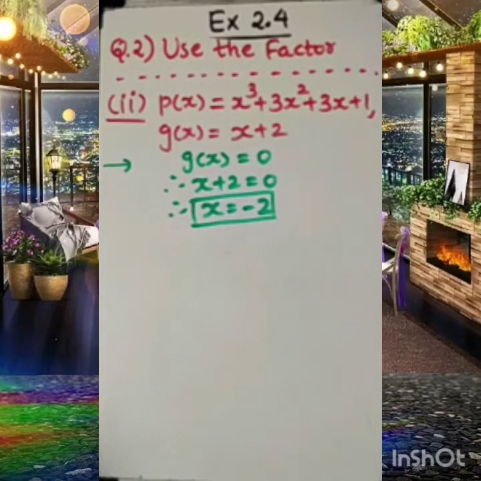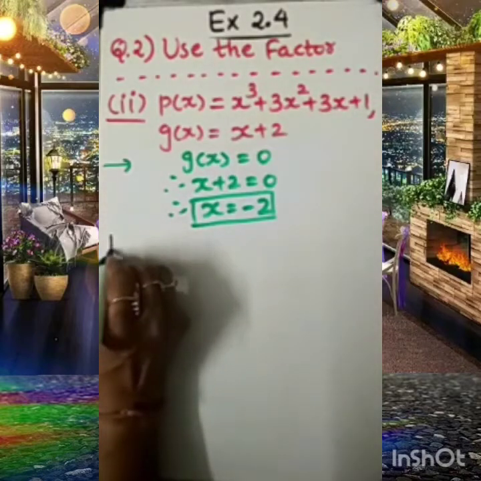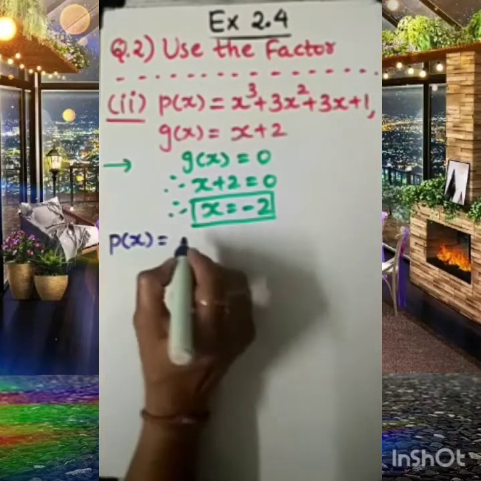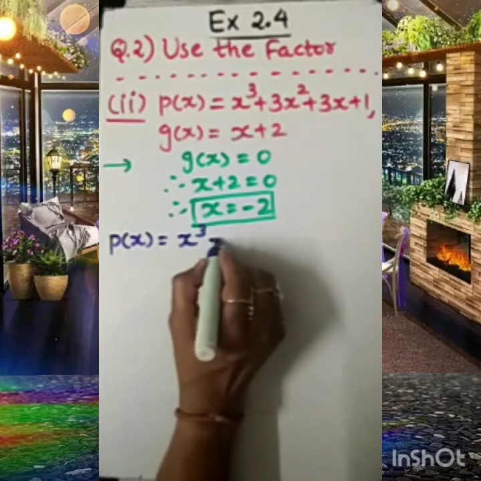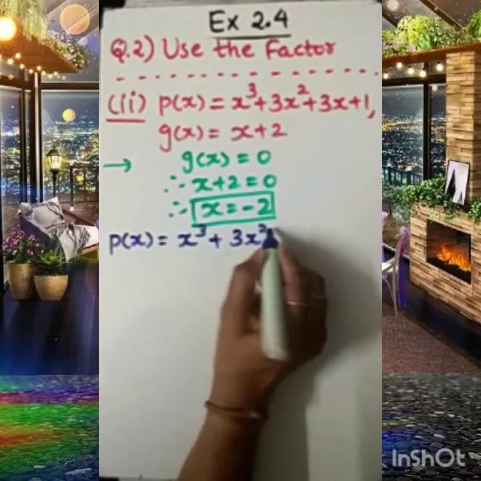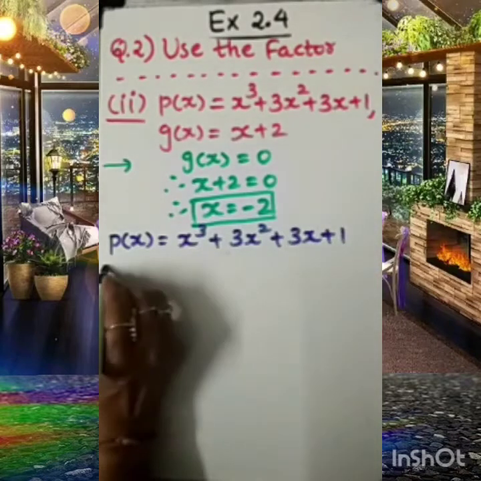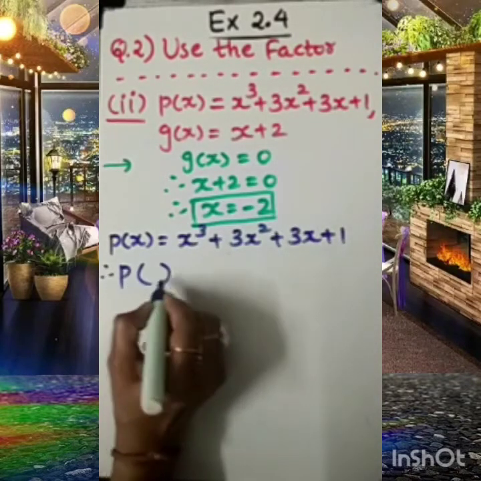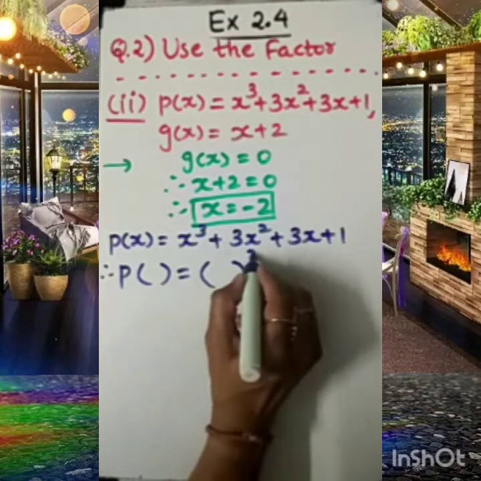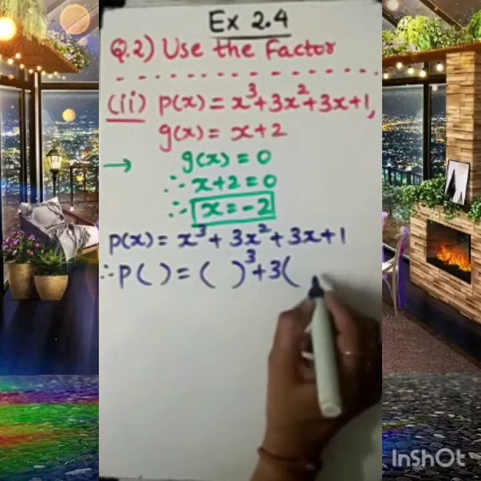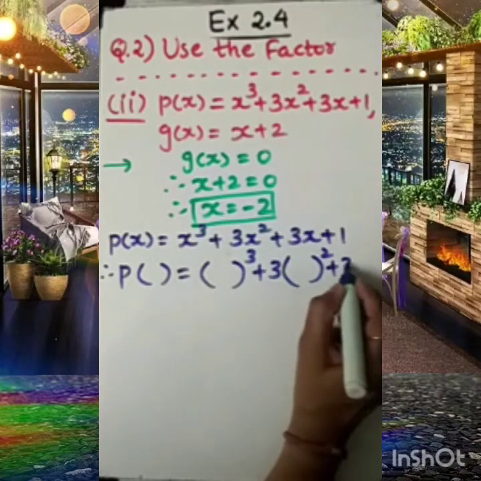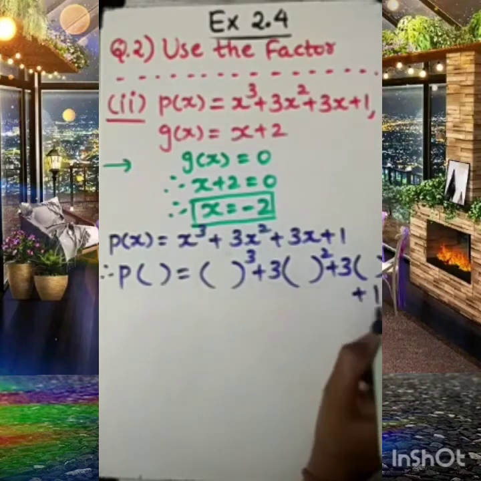Now what is p(x)? Let me write the first polynomial again. The p(x) is x cube plus 3x square plus 3x plus 1. Now, in place of x, we need to put the value. So, I am writing empty brackets, and this is plus 1.